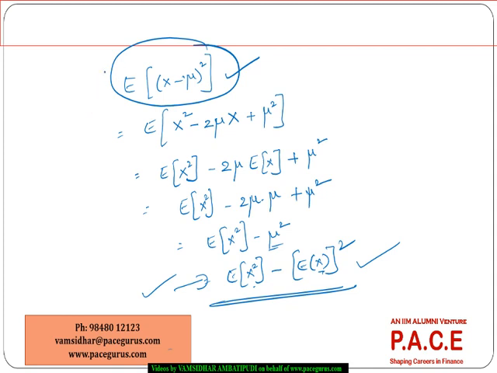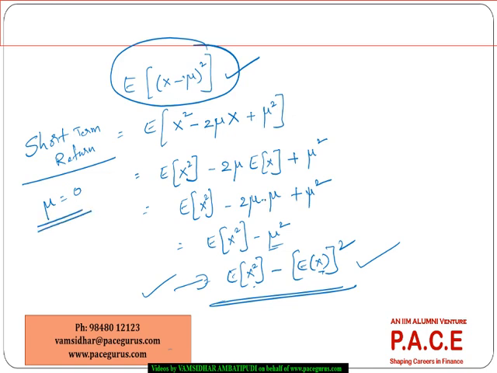Right? So based on the numbers, we can really find out the mean and the variance of a particular random variable. In general, it is assumed for a lot of calculations in the world of finance, especially for short duration returns, short term returns, daily returns, etc., that the mean return is approximately zero.